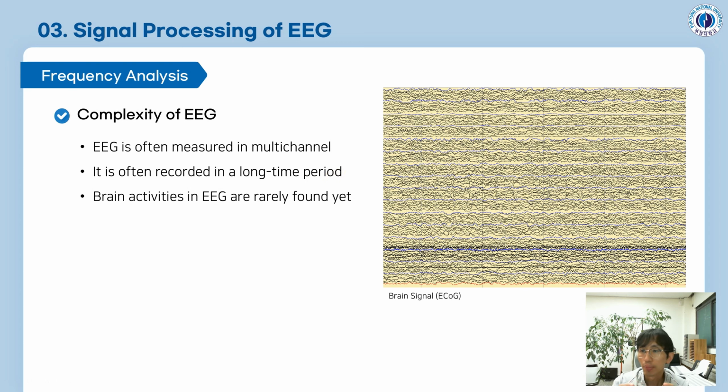This time let me talk about the signal processing techniques of EEG. As I just told you, EEG is a pretty complicated signal. There are so many channels, and the recording time is also very long sometimes.